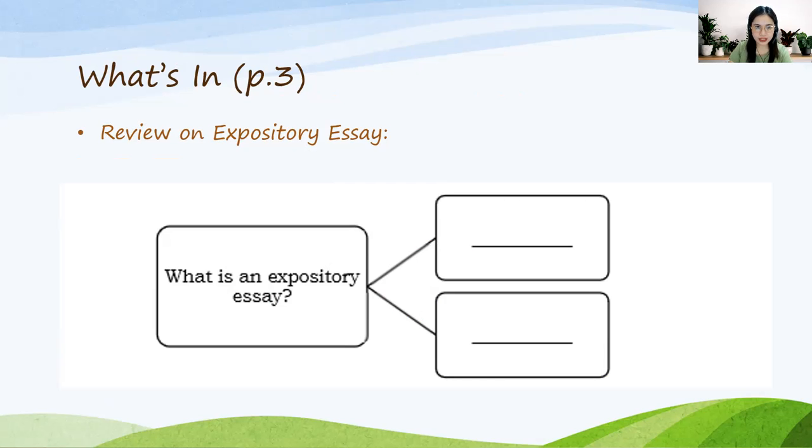In this activity, Review on Expository Essay, you will be asked to remember what expository essays are and what the common author's purposes are for expository essays. There are two blanks. You can either write the purposes of the authors in writing an expository essay in these blanks, or you can just simply give the characteristics of an expository essay, at least two, from what you can remember as our review for the lesson.